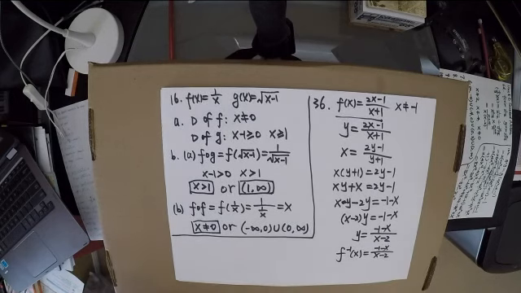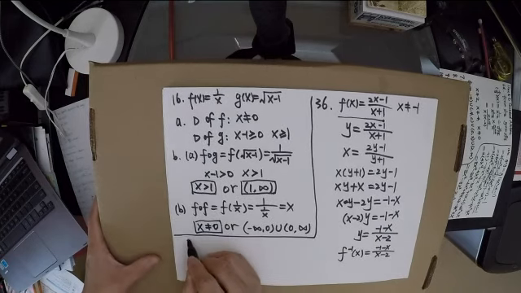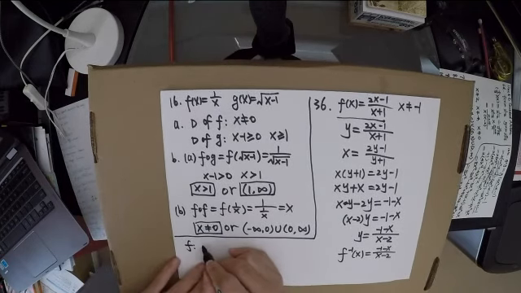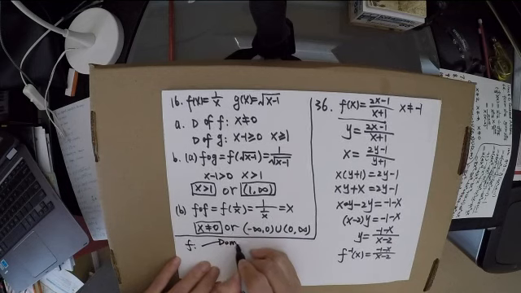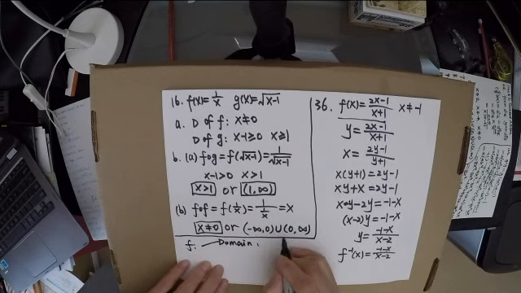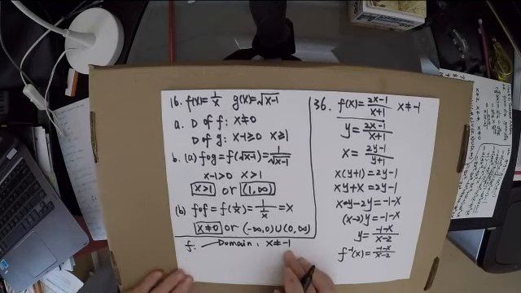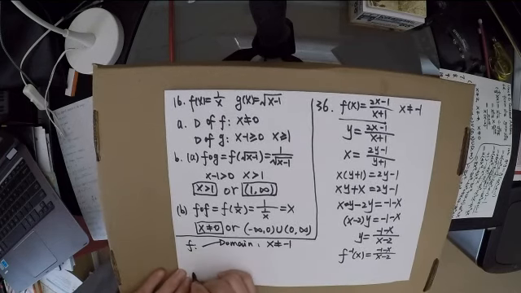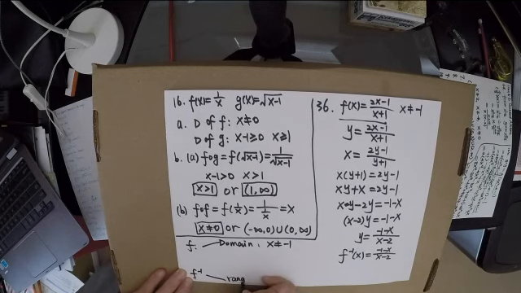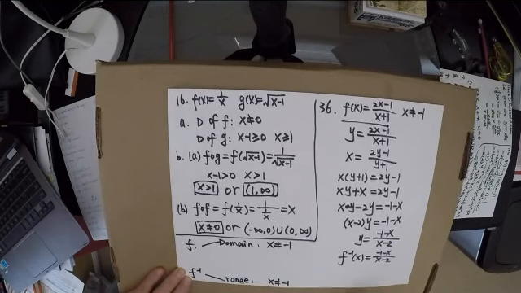Okay, so also you are asked to state the domain or the range of both f and its inverse function. For f, the domain is x not equal to negative 1, so the domain of f is the range of the inverse, so x not equal to that, they are the same.